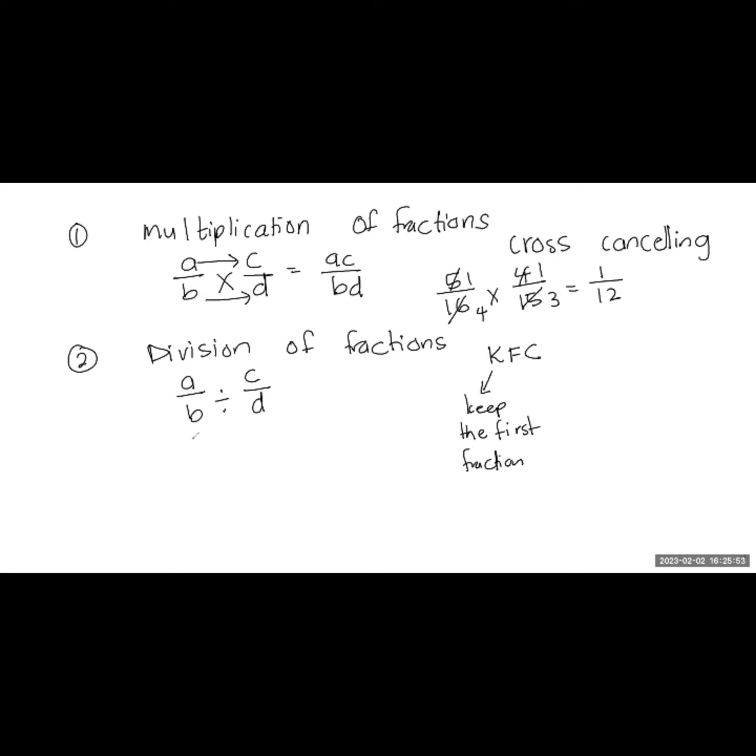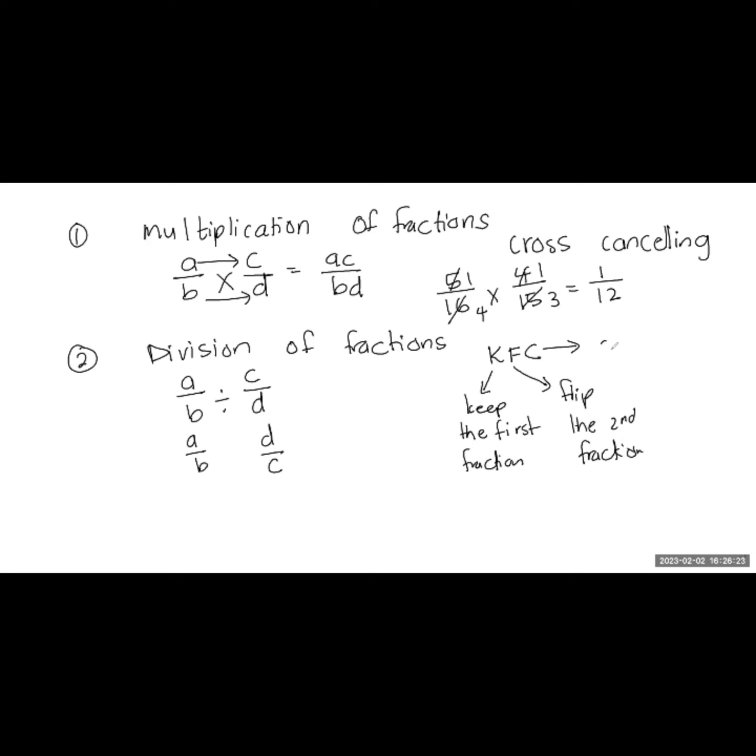So we just bring the A over B down. F is for flip. Flip the second fraction. So this is C over D. We're going to flip it and make it D over C.